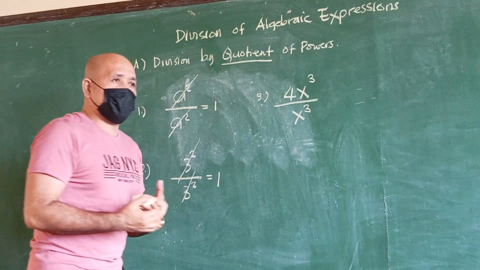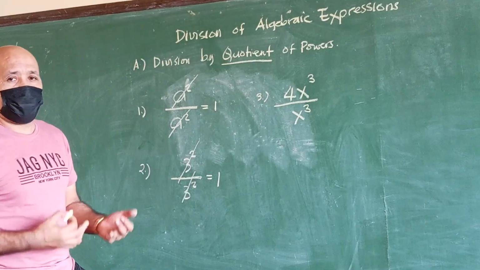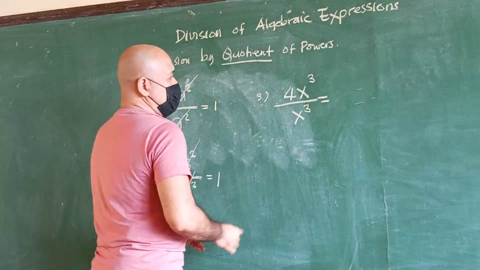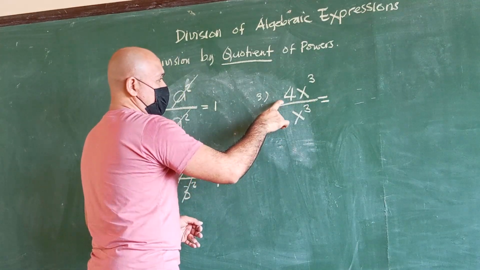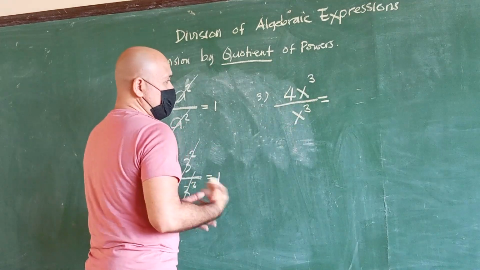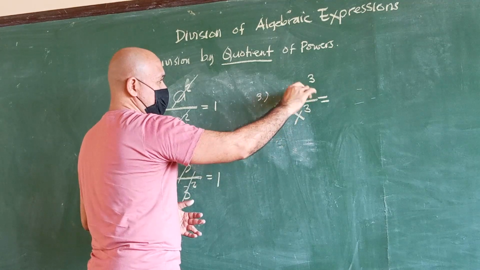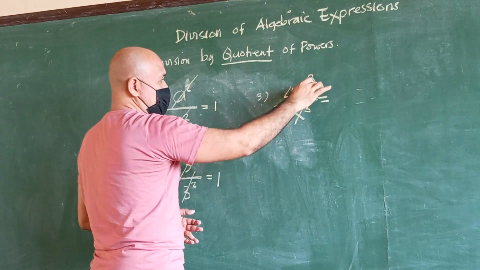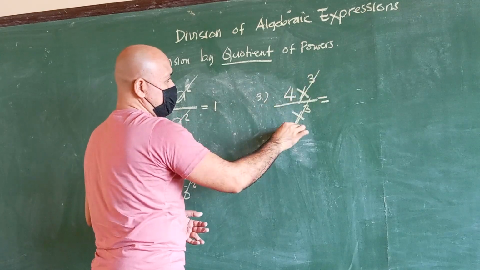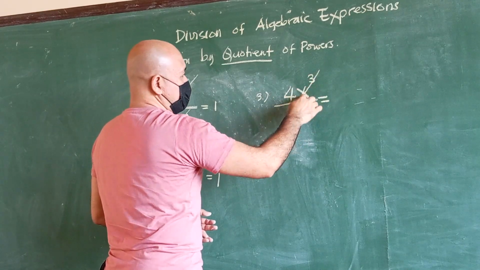Meaning, you are dividing algebraic expressions having one term only. So what are you going to do? For the numerator, you have 4x cubed, and for the denominator, you have x cubed. Since the variables are the same and the exponents are also the same, you just cancel them directly, and the result is 1.